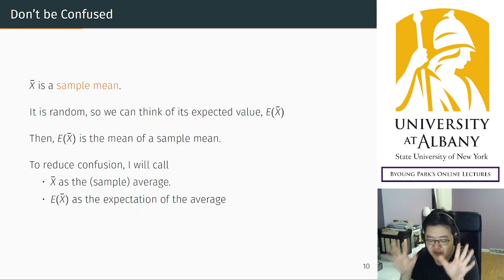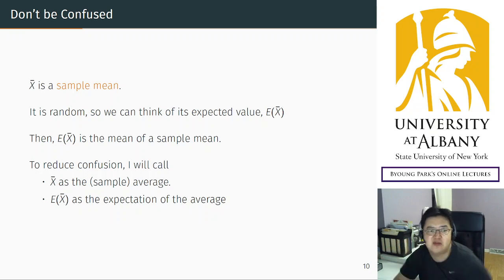So the distinction between the sample and the population is really important from now on, because that determines which is random and which is not. From now on, to reduce confusion, I will call the sample mean the average, more casually, and I will use expectation instead of the population mean. This is just a simple rule.